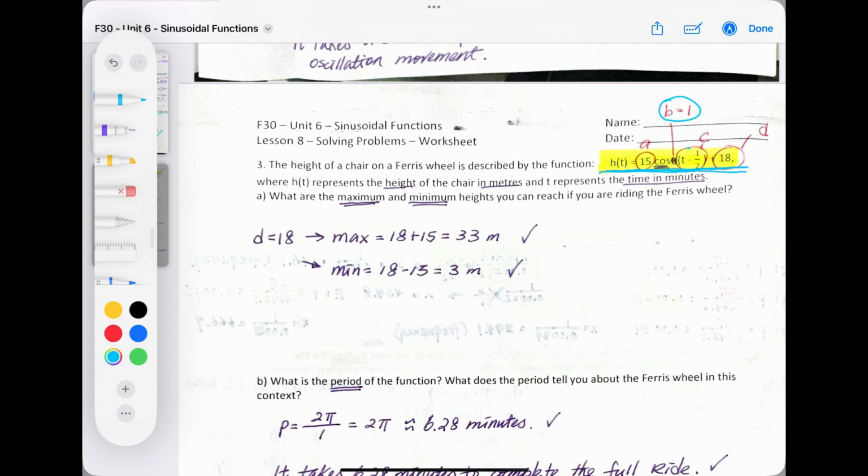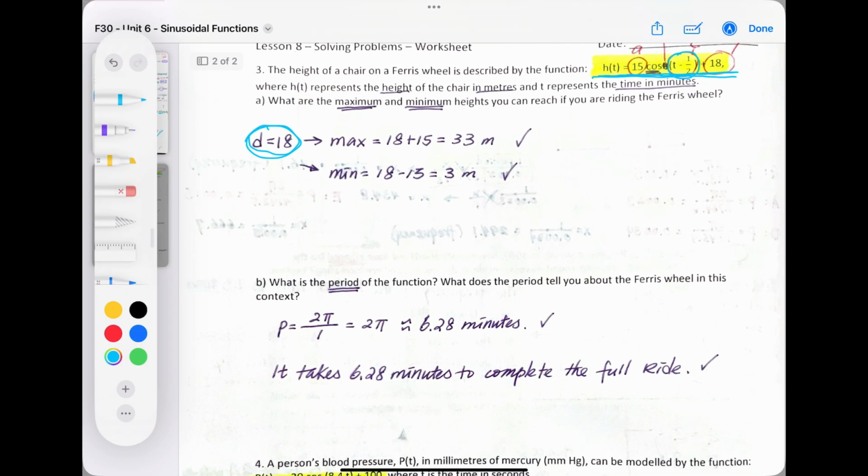And C, I see everything move to the right side, 1/2. So maximum, minimum, start with your midline. Maximum will be plus the amplitude, and minimum means minus the amplitude. Good. Period. So 2 pi over 1. What you see is what you got. It tells us it takes 2.28 minutes to complete the full ride.